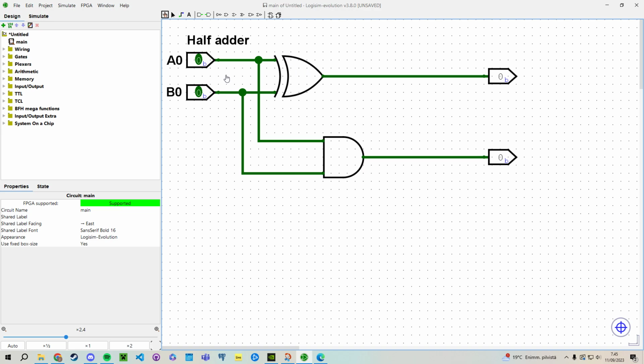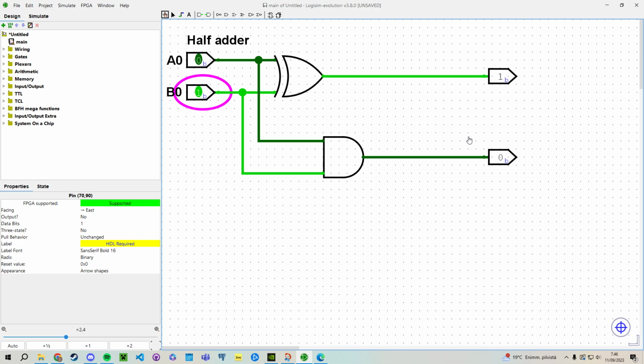So if we have, for example, 0 plus 0, it is 0 for both of these. And if I have either one of these 1, we get a 1, because 0 plus 1 is 1. But as we know from the calculations with bits, 1 plus 1 is 1, 0, and this is only a half adder, so we cannot show two bits here.